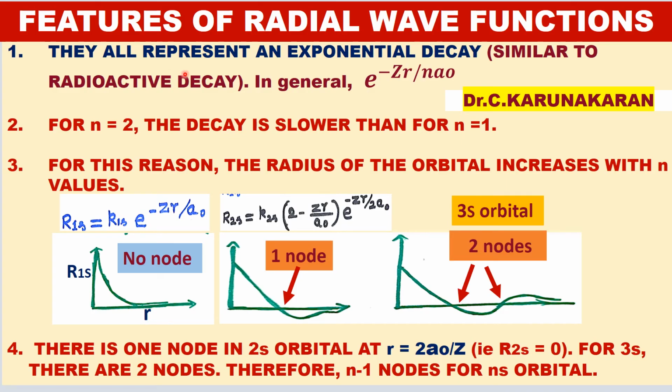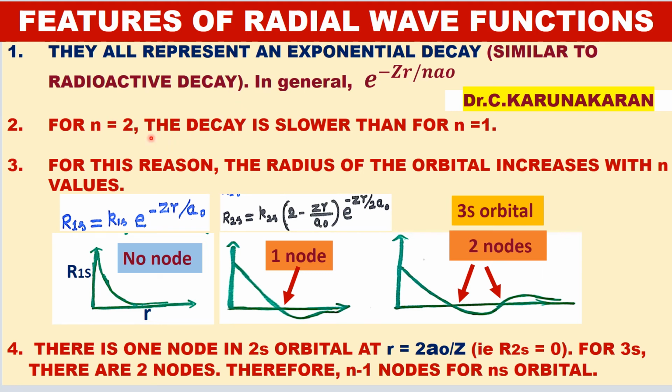From the radial wave function plots, what are the important features obtained? First, they all represent an exponential decay, in general e power minus Zr by n a0. The exponential decay is similar to radioactive decay.